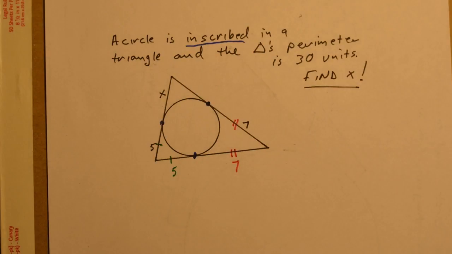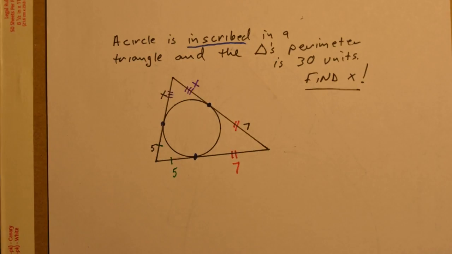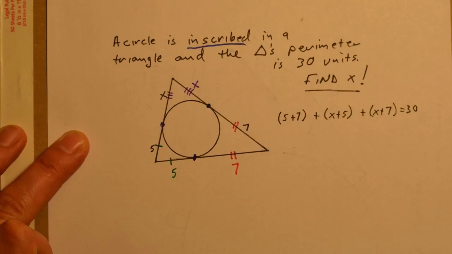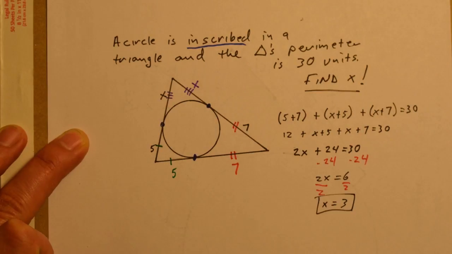Likewise, we have these two segments that are 5 units long, and these two segments that are x units long. And so, since the perimeter is 30, we can just add up all of the line segments. 5 plus 7 plus x plus 5 plus x plus 7 must equal 30. Then we'll go through a cleanup session. We see, okay, 2x plus 24 is 30, which means x is 3.